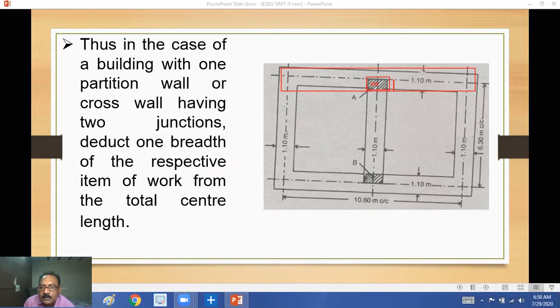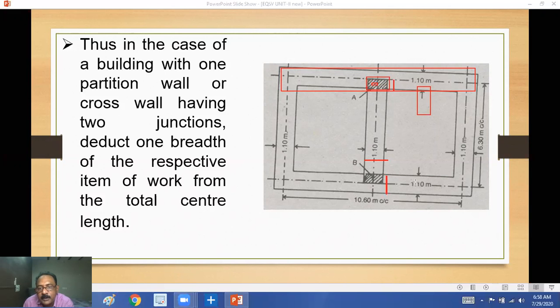This is 1, 2. Suppose there is one more wall, there are 4 junctions. Here, 2 junctions. So this total length minus 1 by 2 into 2 into the junctions width.